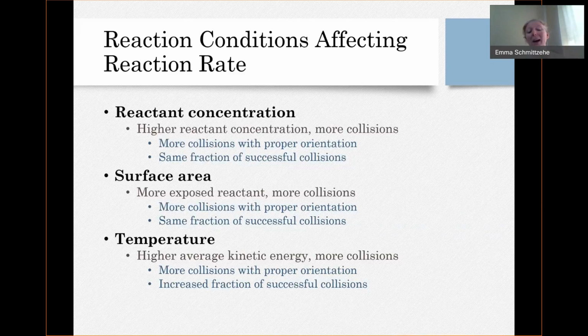But you also have an increased fraction of successful collisions, and that's because the energy changed, okay? Because on average, you have more molecules that have a high energy if you're at a higher temperature, okay? Meaning you have a higher proportion that have enough energy to meet the activation energy requirement when they collide, okay?